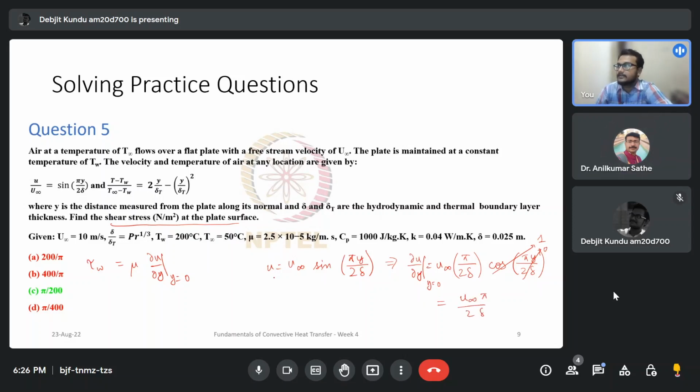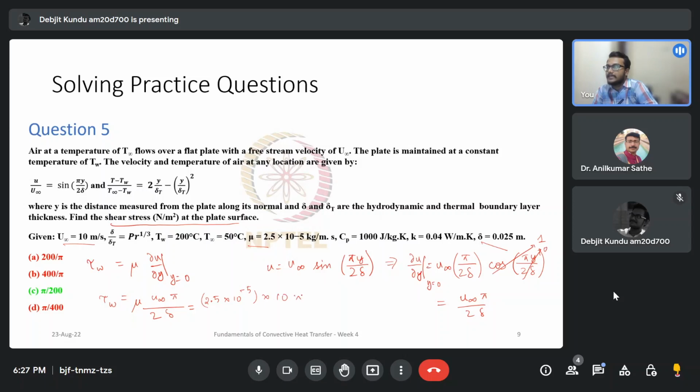We will simply plug in this value here, and that would boil down to tau w being mu into u infinity pi by twice delta. Now the value of delta is given, the value of mu is given, the value of u infinity is also given. So we will simply plug in all those values. Mu is 2.5 into 10 to the power minus 5, u infinity is 10.